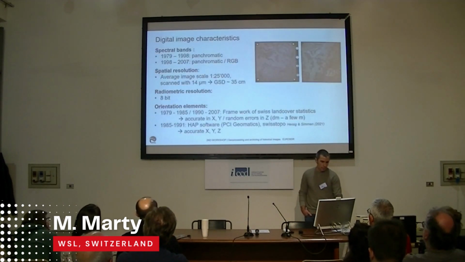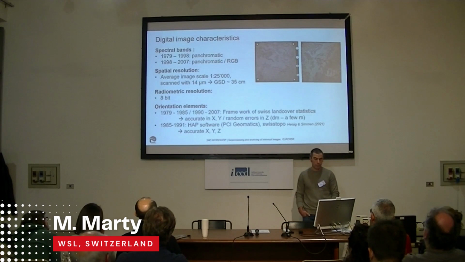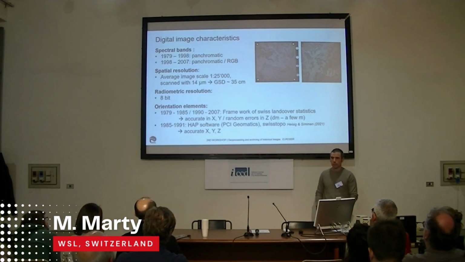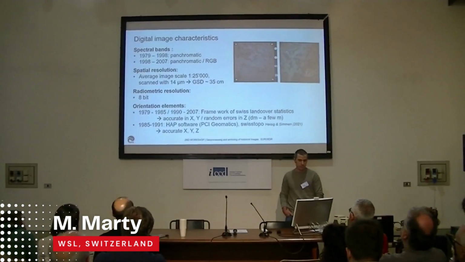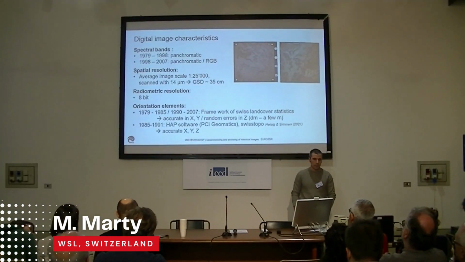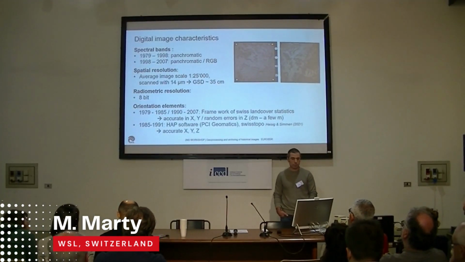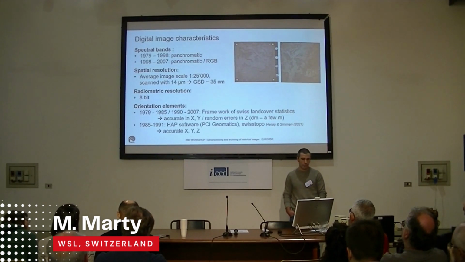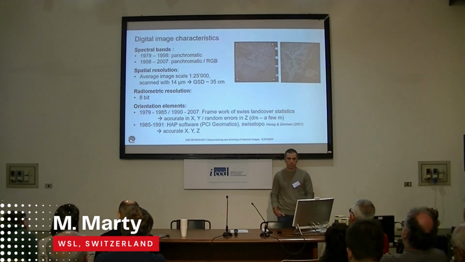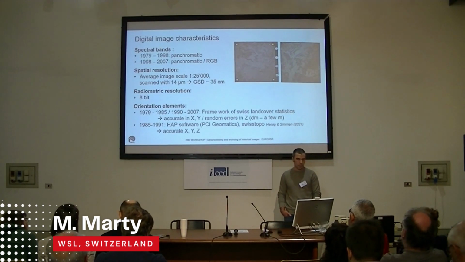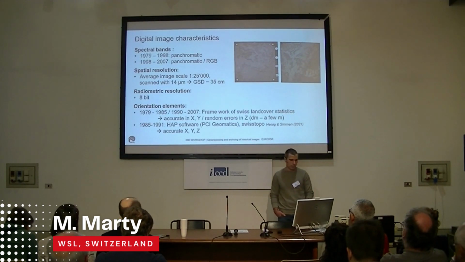The characteristics: the first 3 acquisitions were purely panchromatic images, and in the 4th acquisition there was a change to RGB images. The average image scale during the acquisition was about 1 to 25,000, and they were scanned with 14 micron, leading to an average ground sampling distance of around 35 centimeters.